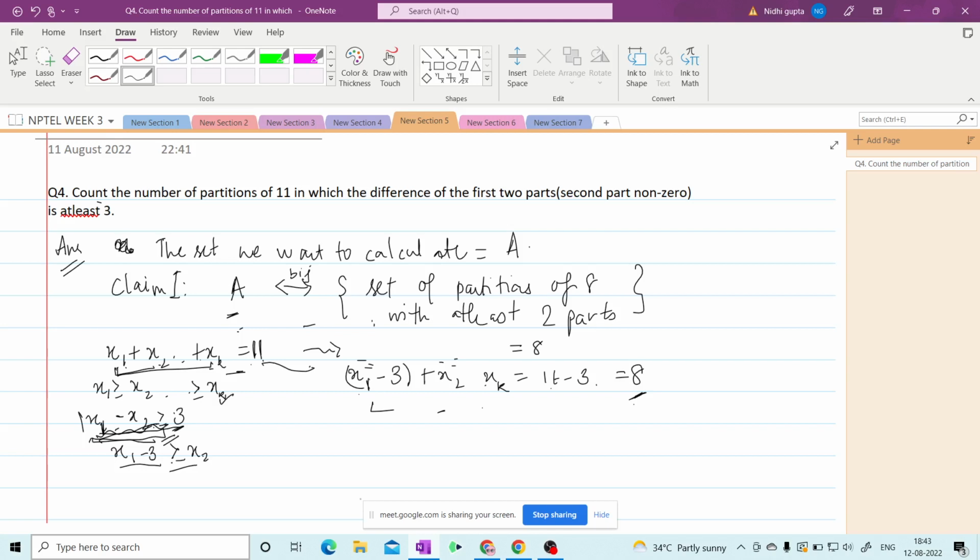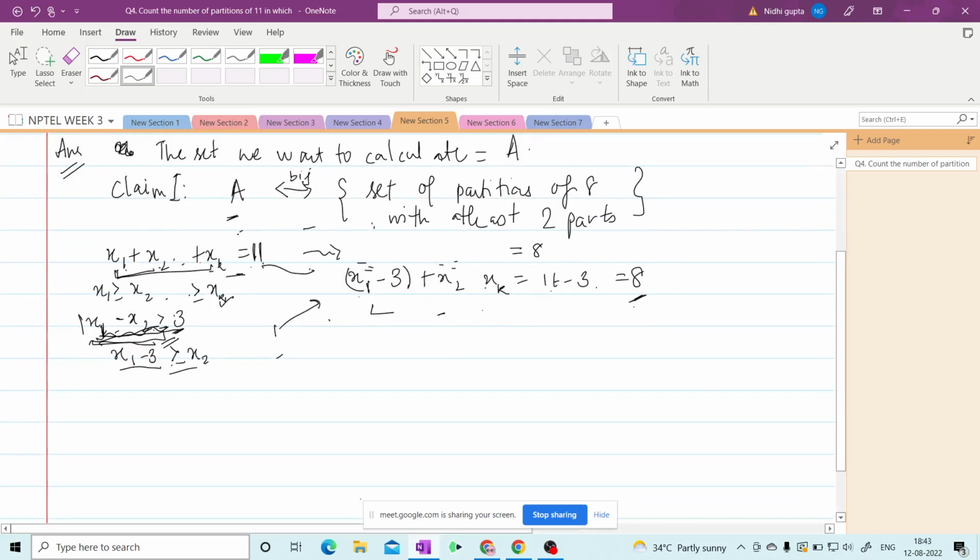Now we want to see that this association gives us a bijective function. It is sufficient to construct an inverse. Suppose we have a partition of 8, y1 plus up to yk equal to 8, with y1 greater than or equal to y2.